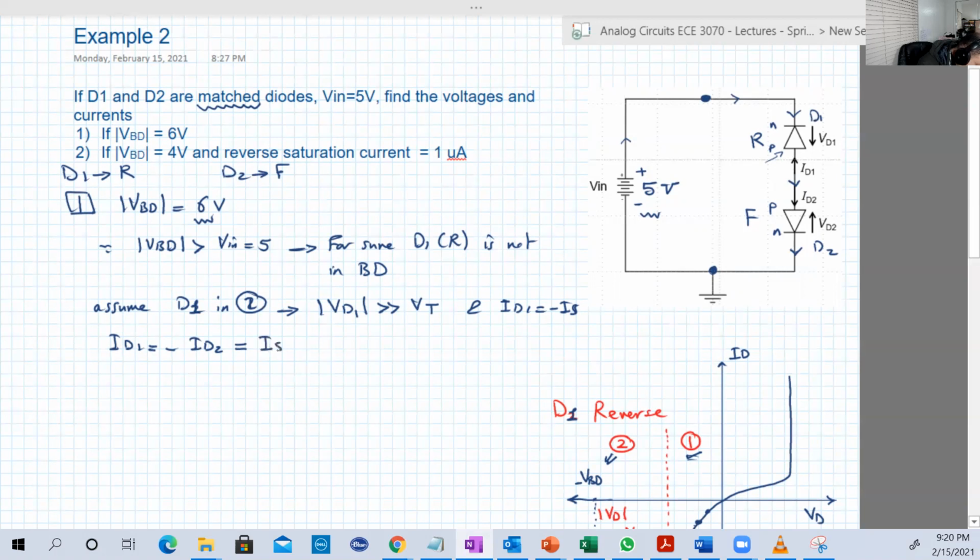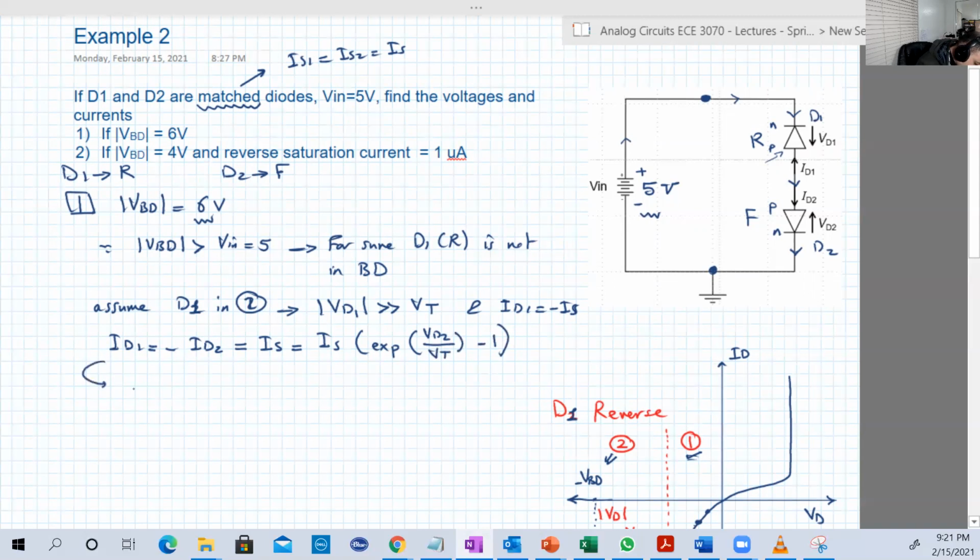This will be IS. And what is ID1? ID1 is equal to IS. Remember, both diodes are matched. They have the same IS. Matched means IS1 equal to IS2 equal to IS times exponential VD2 over VT minus 1.